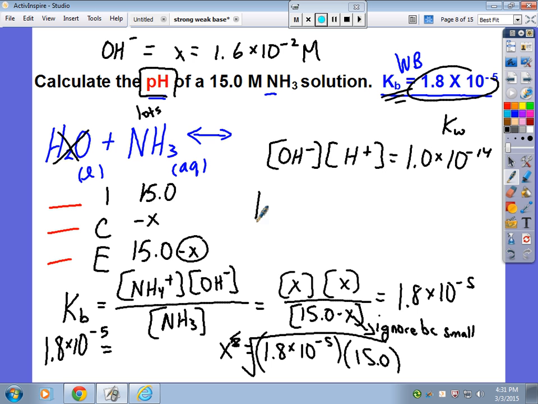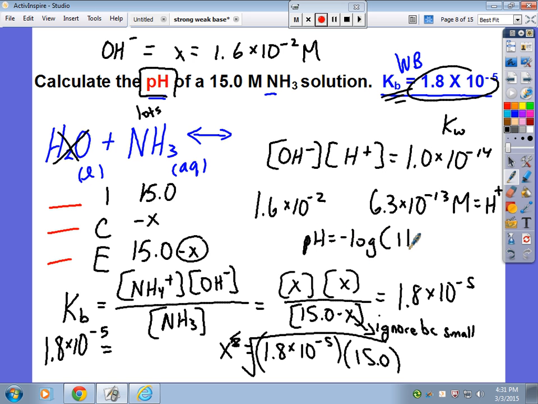And I know the OH minus concentration is 1.6 times 10 to the minus 2. So to solve for H plus, I go ahead and do my math, and I'm going to get 6.3 times 10 to the negative 13th molarity. That's my hydrogen ion concentration. And to find pH, I'm going to plug into negative log of my hydrogen ion concentration.